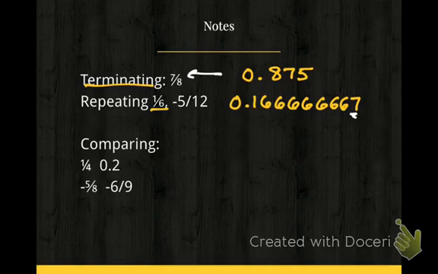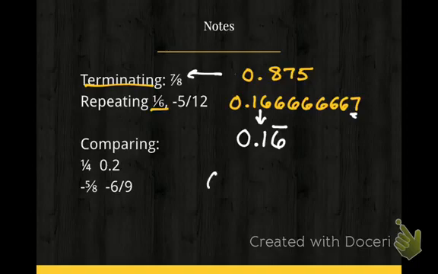The way we show repeating when we write decimals is that we put a line over the number that repeats. So instead of writing out 6s forever until we run out of room, we can write 0.16 with a line over the 6 to show that the 6 is the digit that's going to keep repeating forever.